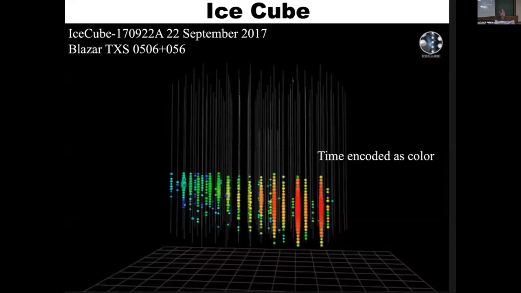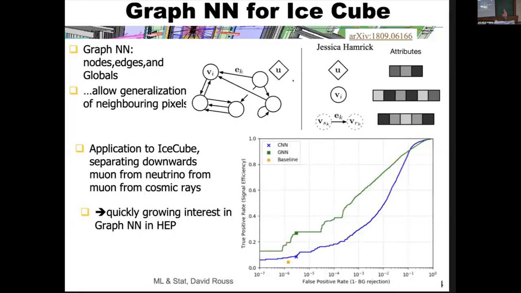For example, I go back to IceCube. Here, the notion of neighbors is not well defined because you have the neighbors on the same line, but then it's 3D. So what they did is use a graph neural network to encode the PMT information, and then they train to separate muons from cosmic rays.